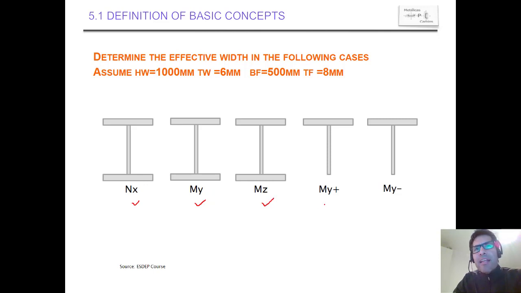In this case, a T-section subjected to a moment about major axis, both cases major, but in one case positive and in the other case negative. So I think this is a very good exercise to start. And I would say that with this case we can think about preparing some questions for if you don't understand how to calculate it.